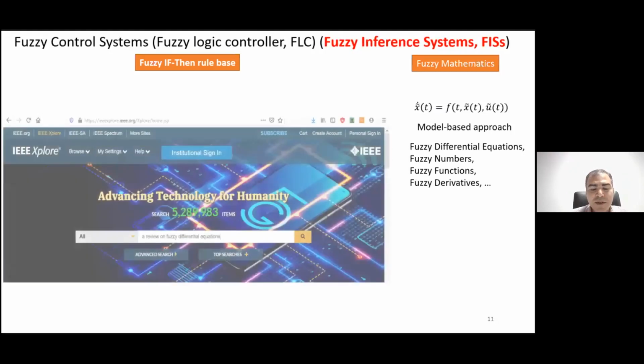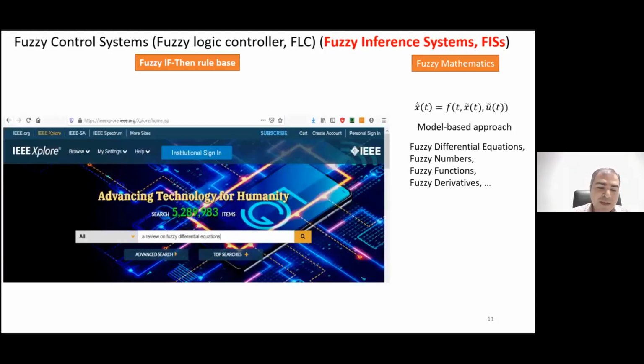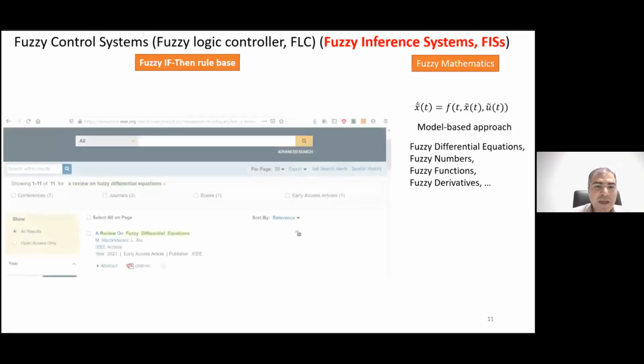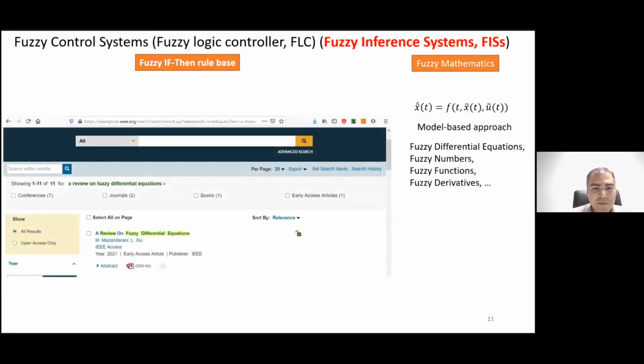Actually, this paper at the moment may not be found by searching in Google, because it's in the stage of early access. So you can go through the website IEEE Xplore and search the title of the paper, and you can find this paper easily.